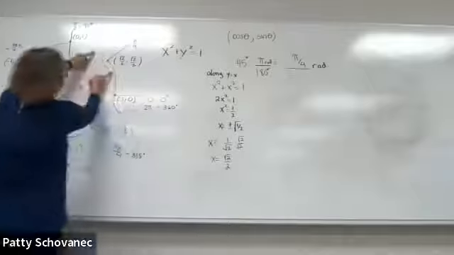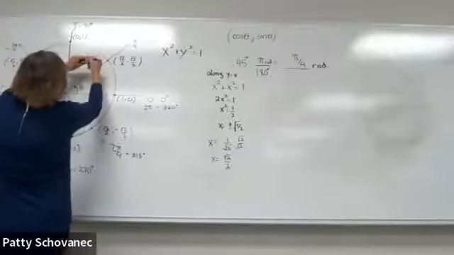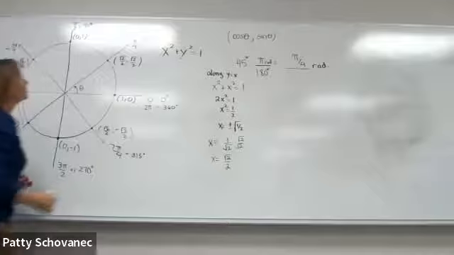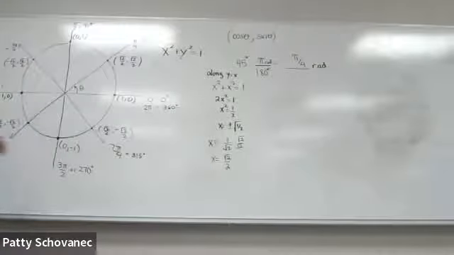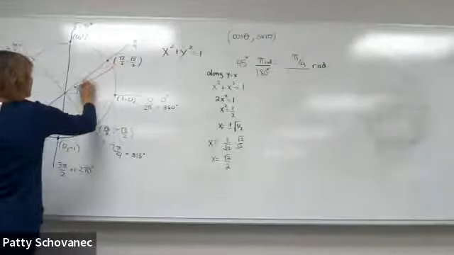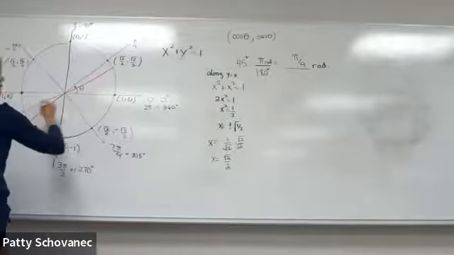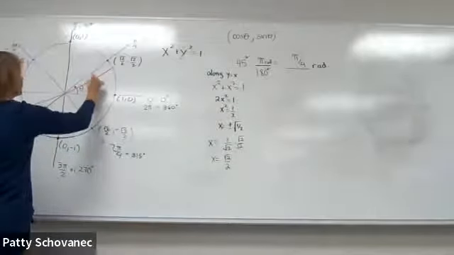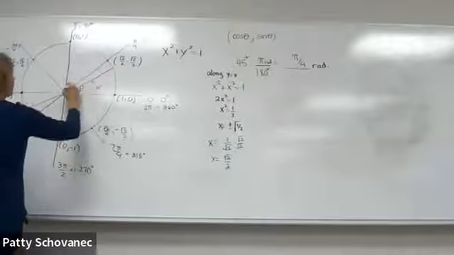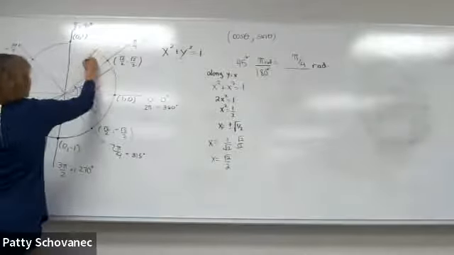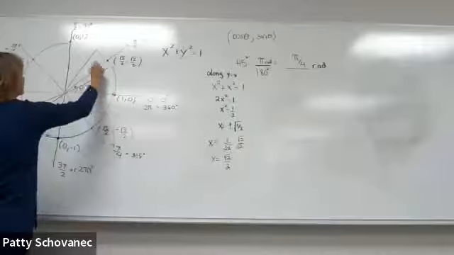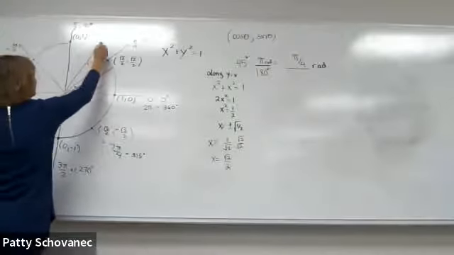If I try to subdivide that up, then I'd have one about right there and maybe right there. So if I draw this line back, that angle would be 30 degrees. And draw this line. That angle would be 60 degrees.